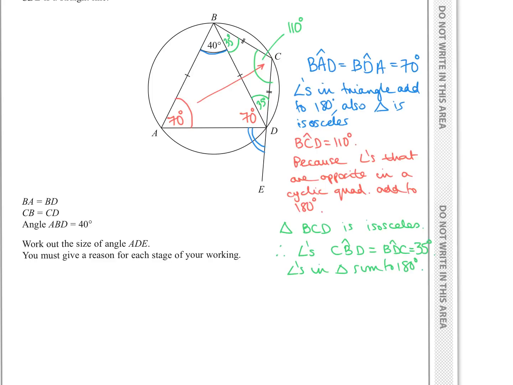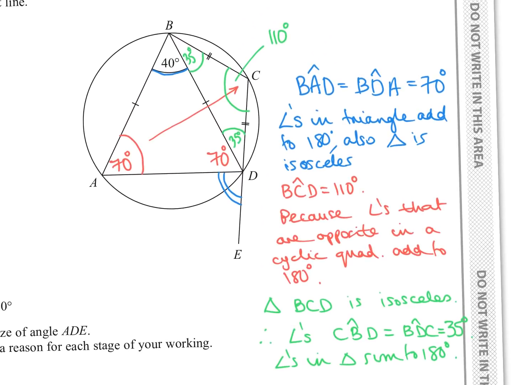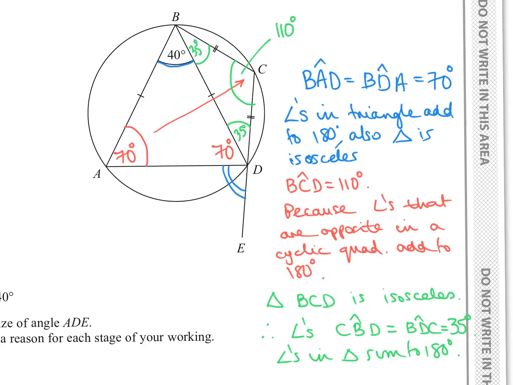Now let's look a bit more closely at the diagram. Well, I think you can see it now, and that's because angles on a straight line sum to 180 degrees, therefore angle, now did they call it EDA?